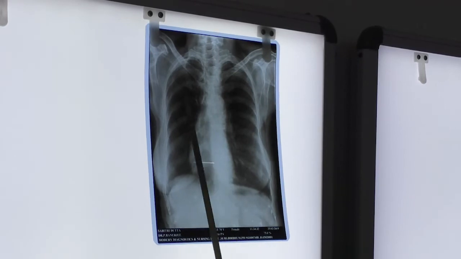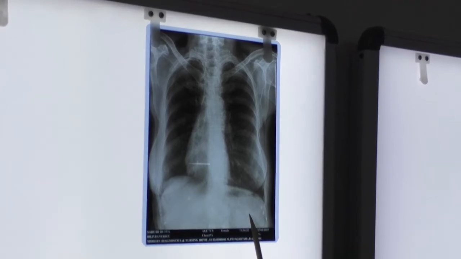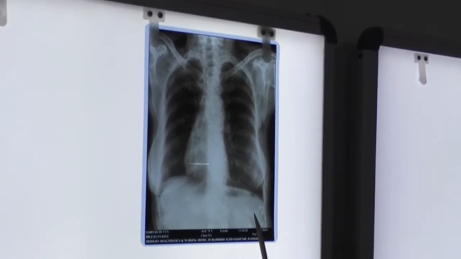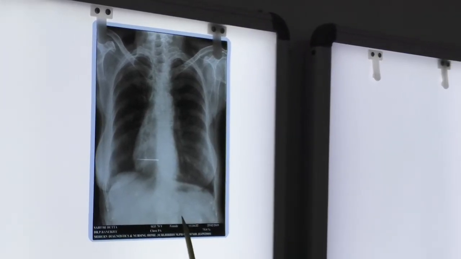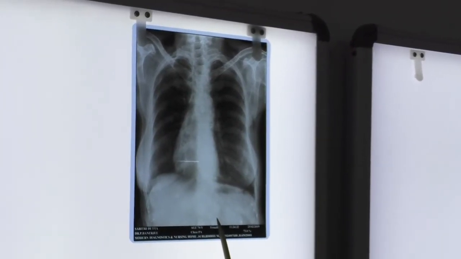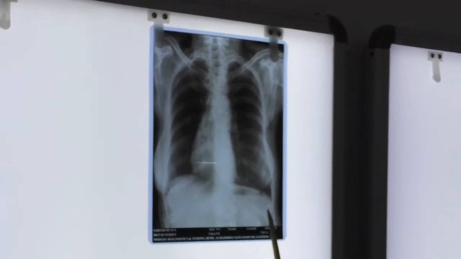This is a radiographic plate, or skiagram, or radiograph, or X-ray plate, whatever you say, and it is a posteroanterior view.